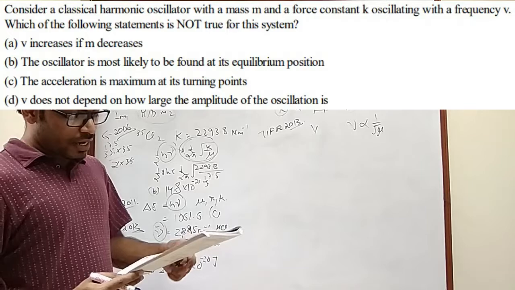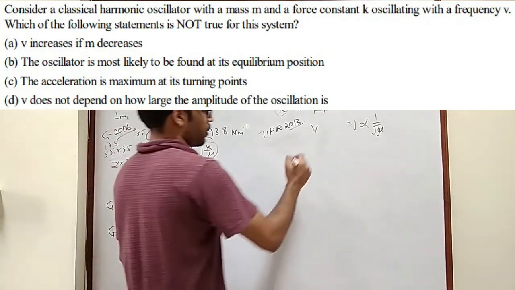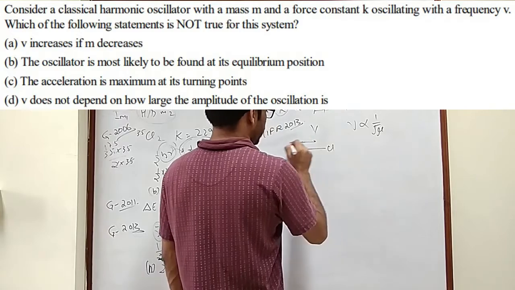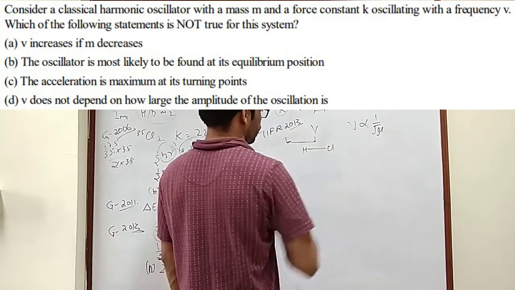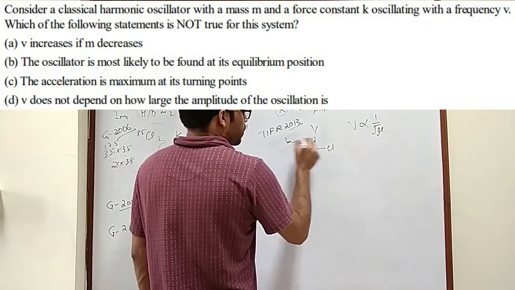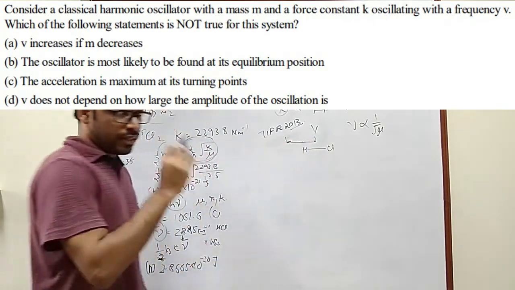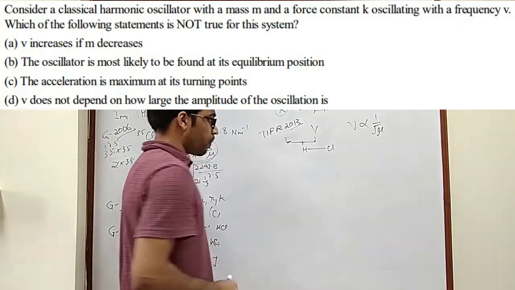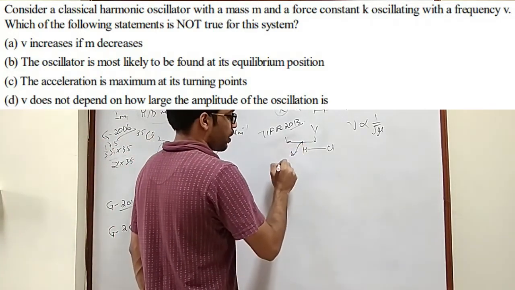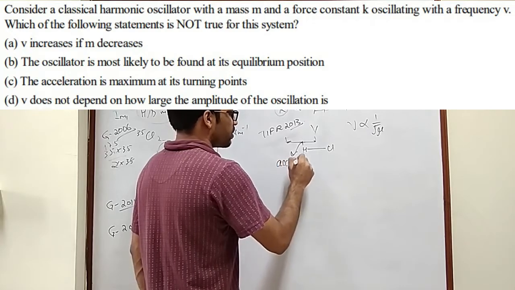The oscillator is most likely to be found at its equilibrium position. Now suppose it is vibrating in this direction from here to here. So it will come twice in a complete oscillation at this equilibrium position. But it will be staying here for the least amount of time because at this point the acceleration is maximum.